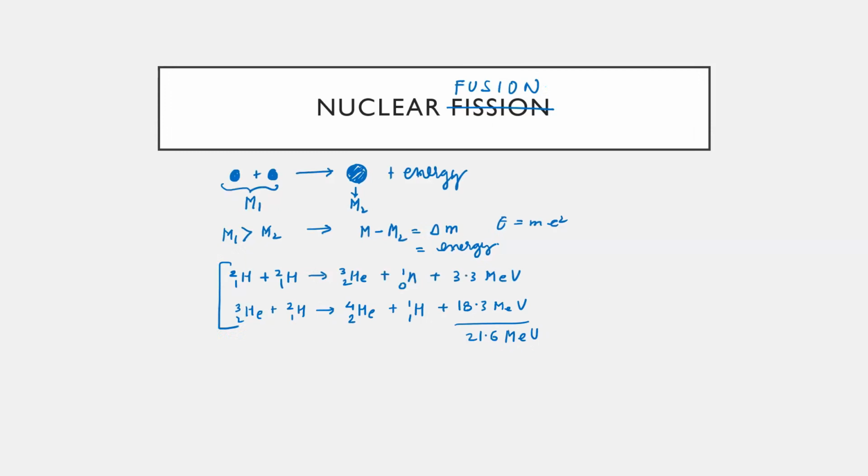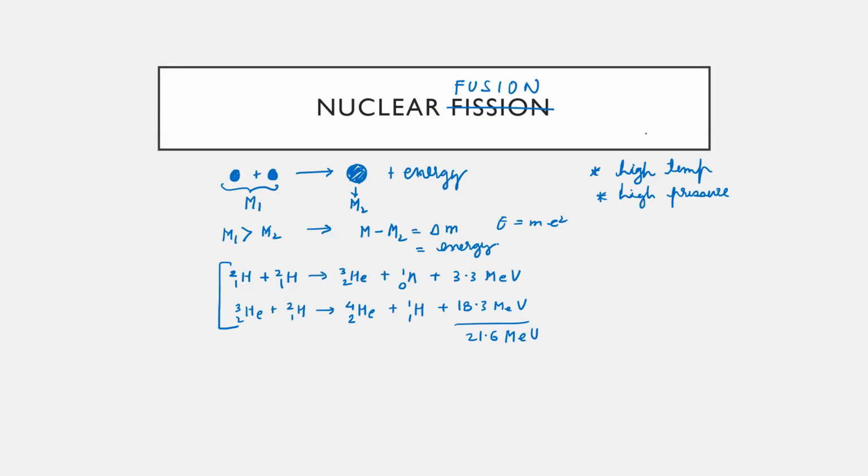There are other examples also given. You are expected to know at least one. Now this is called a thermonuclear reaction because this reaction requires very high temperature and very high pressure. It cannot happen at ordinary temperature and pressure.